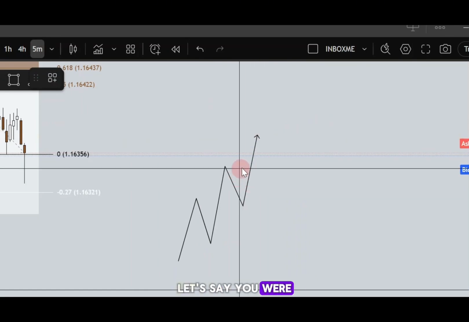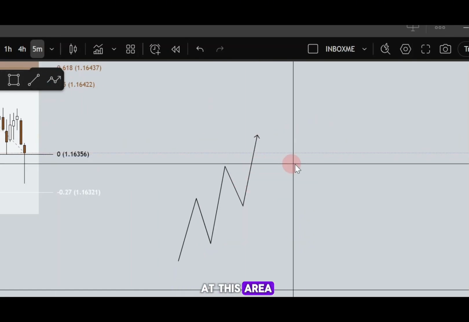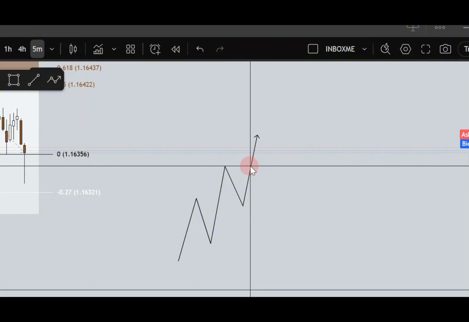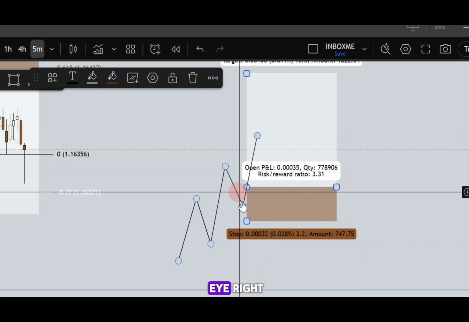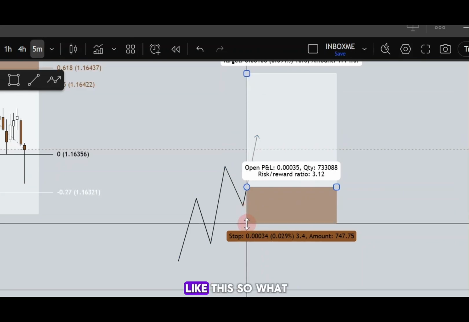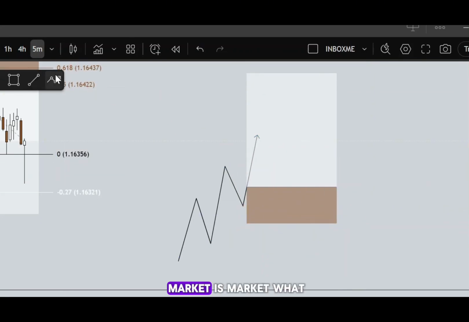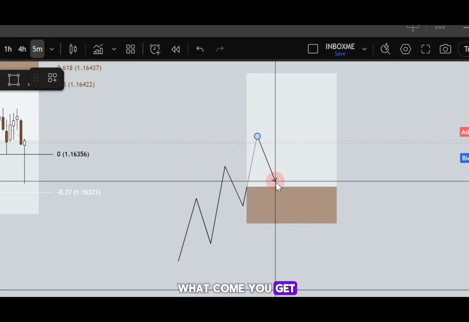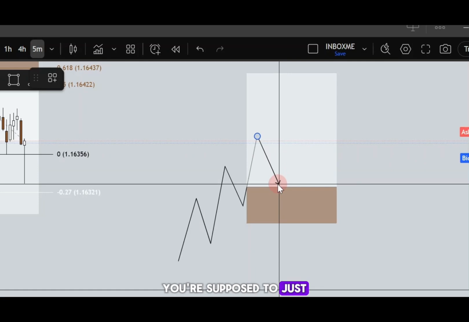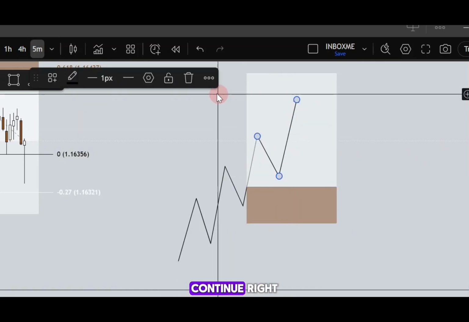Let's say we're in this trade at this area. You're targeting this high, right? Your stop loss was like this. So the market is supposed to just come, create a new low, and just continue, right?